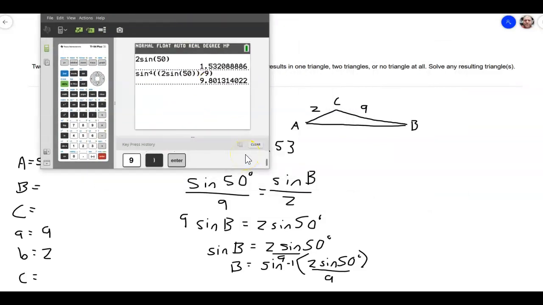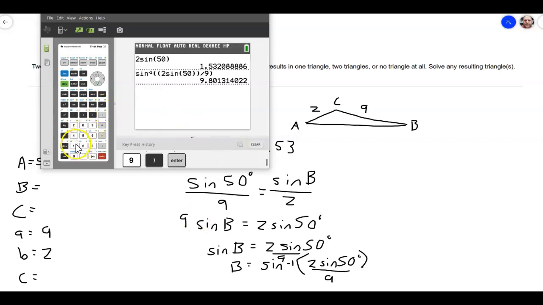Now here is something really important: when we do the inverse sine function, we have 2 possible angles. Remember, there are 2 angles that will give us that value. There is the angle that we're looking at, the 9.80, but we also have another angle that will give us the same value, and that's 180 minus that angle.